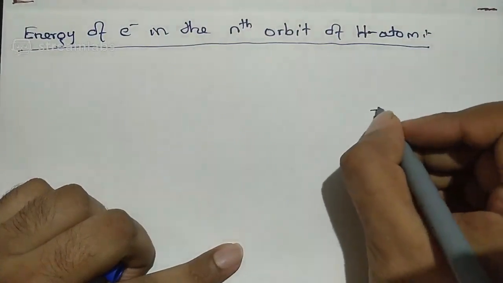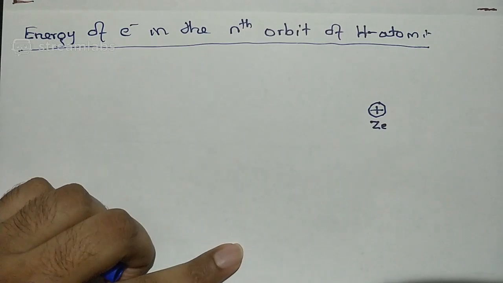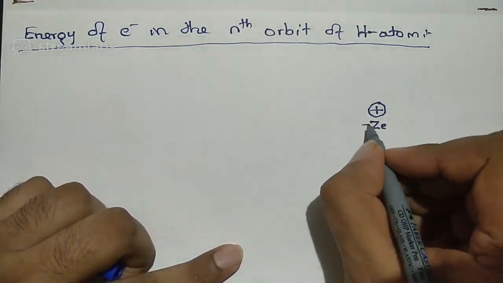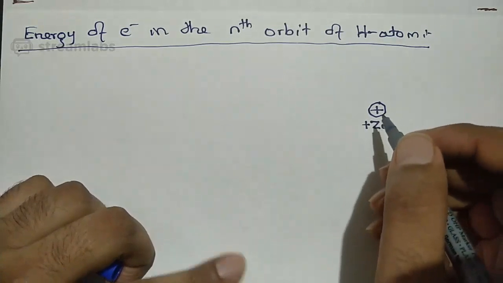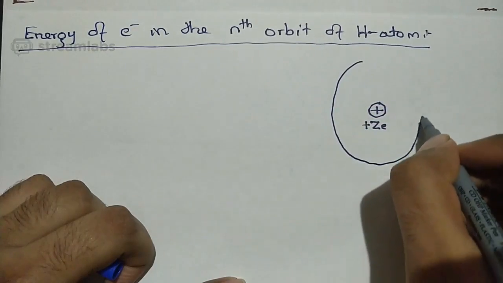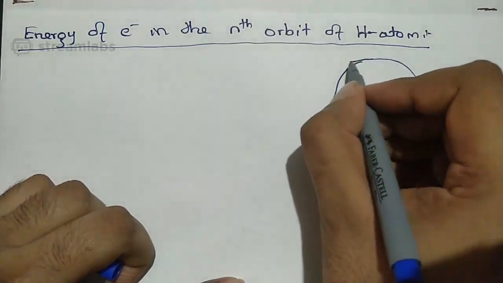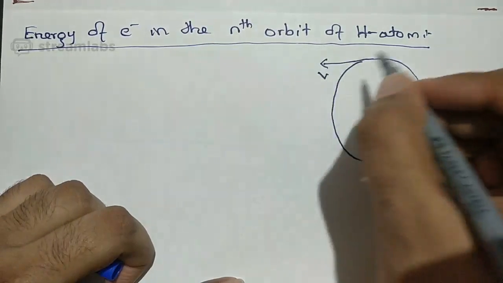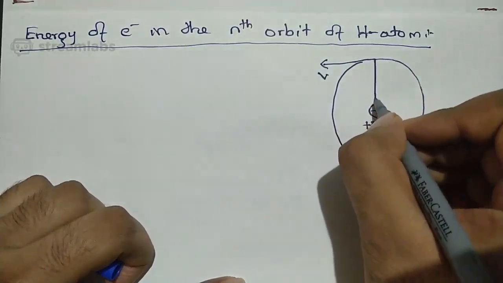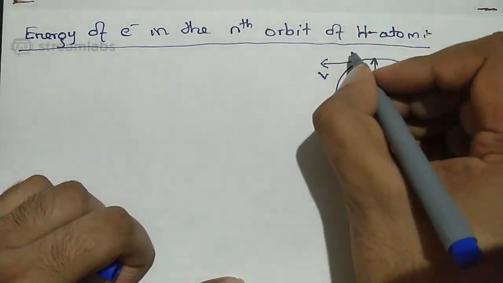For the nucleus of any atom, the approach is similar. In the previous class also I took a general atom, then at the end I put Z equal to 1 for the hydrogen atom. Similarly here, this is the nucleus of the atom having charge plus Ze, and the electron is revolving around the nucleus with speed v, and r is the distance from the nucleus to the electron.